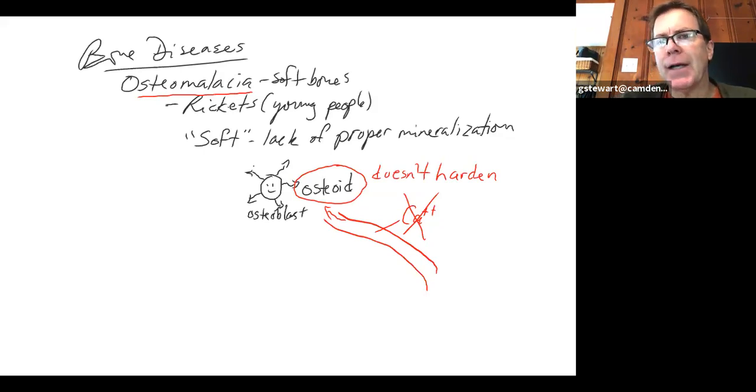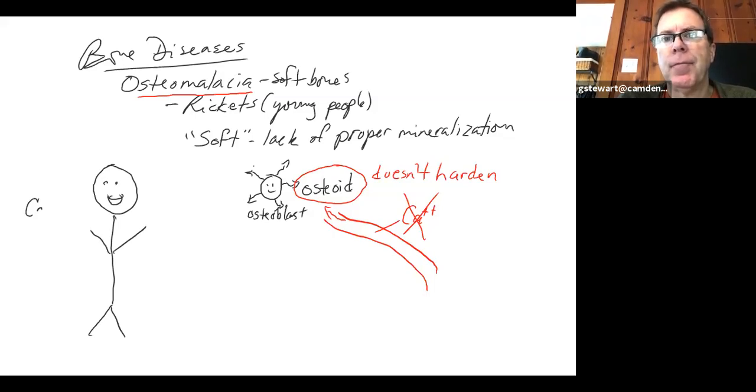We need to ingest calcium. Our bodies don't make it. And now you know we need a whole lot of calcium because there's so many functions that our body uses calcium for. That's why we store so much of it in our bones in case we can't get enough of it to eat. So we need to eat calcium.